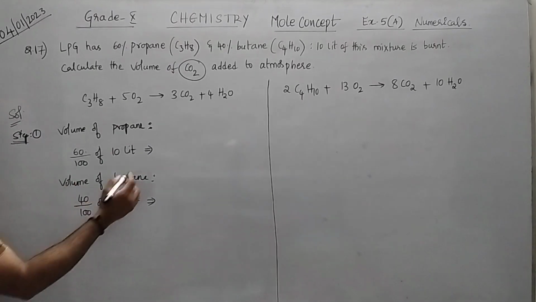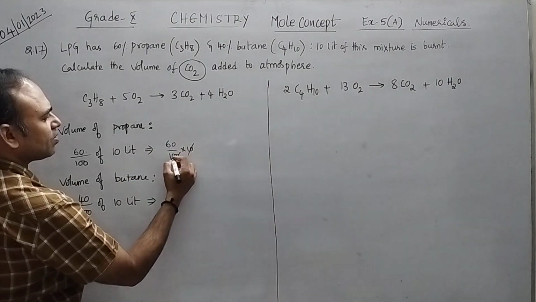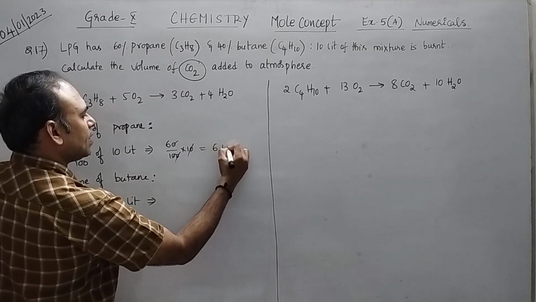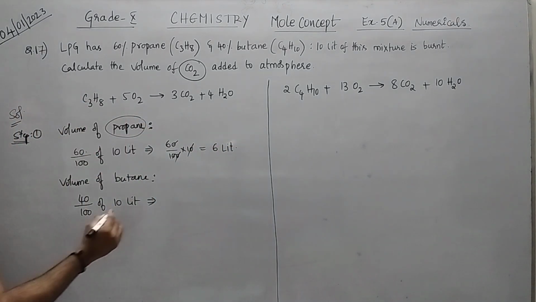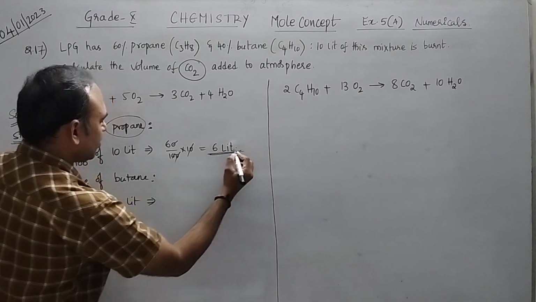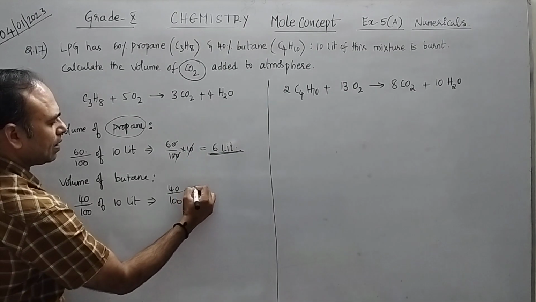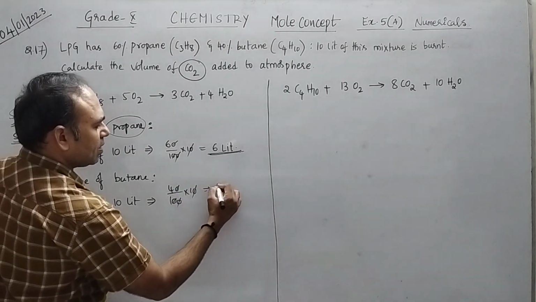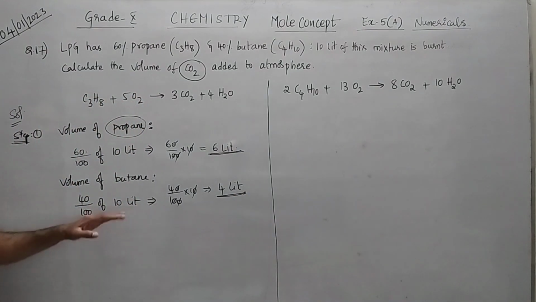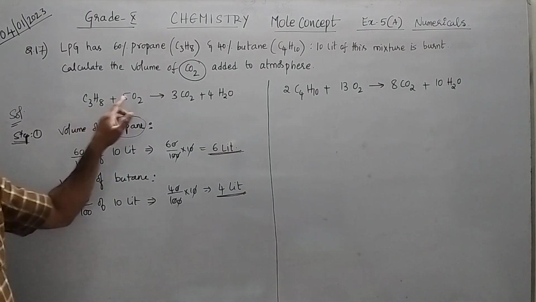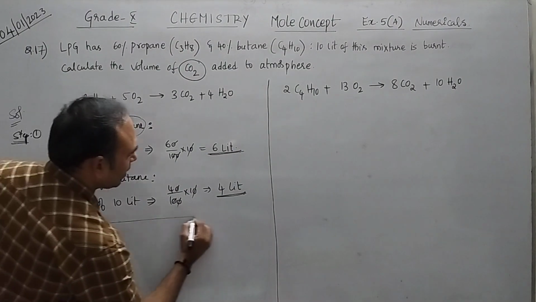So let us calculate this. 60 by 100 into 10, we can cancel this. So we get 6 liters of propane. Now the second one, butane. 40 by 100 into 10, nothing but 4 liters. Step 1, we have calculated the volume of propane as well as volume of butane. Now step 2.